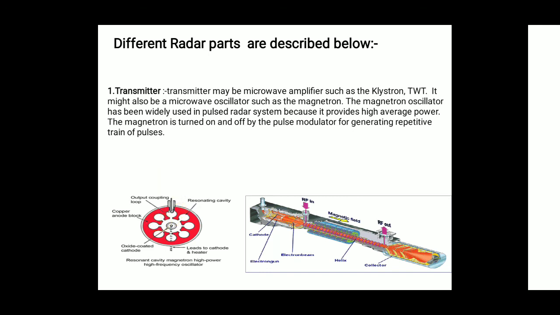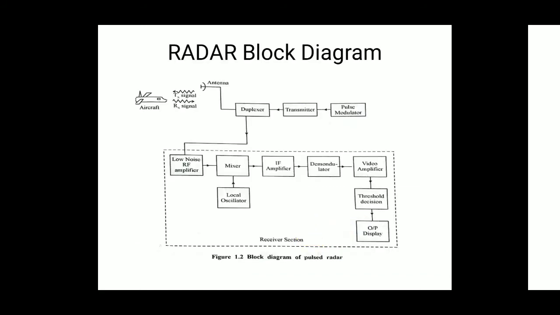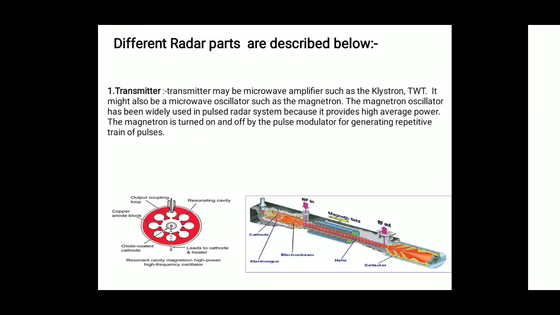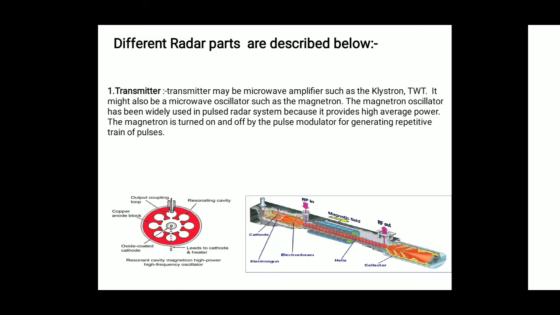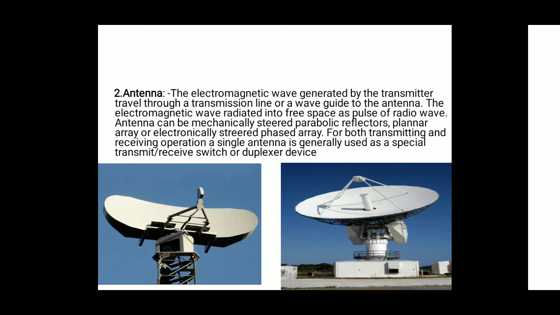Basically this magnetron represents an oscillator. It generates high power microwave signals. And this image represents the microwave high power amplifier, the TWT, the traveling wave tube amplifier.